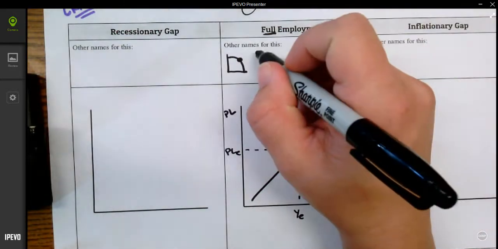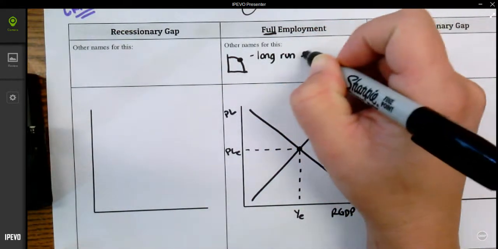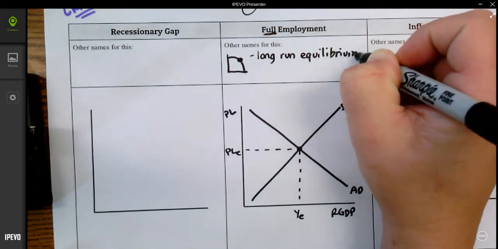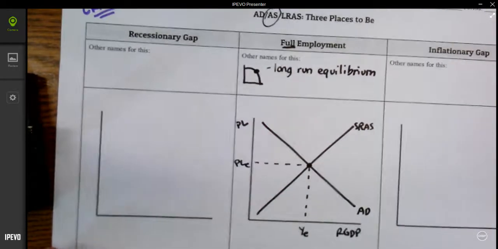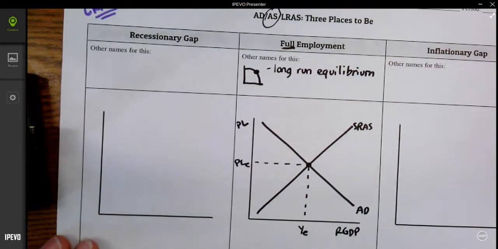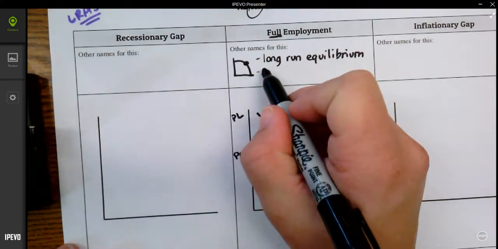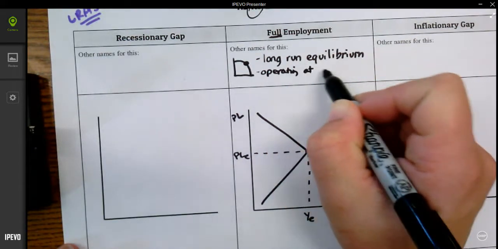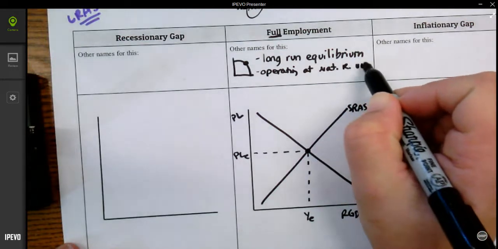Other names that people have given this is long run equilibrium. I'll show you what that means in a second by adding another line to this graph. A lot of people call this long run equilibrium. Another way that people can refer to this is that we're operating at the natural rate of unemployment.